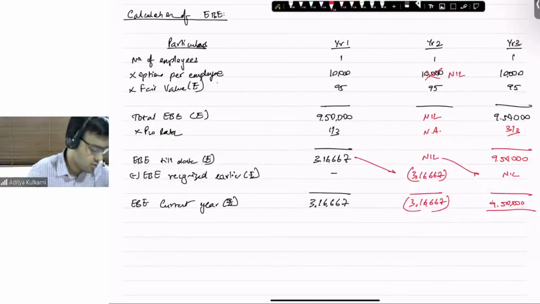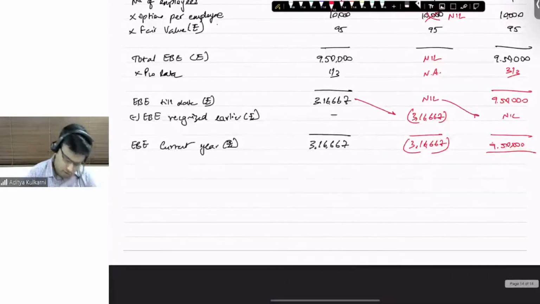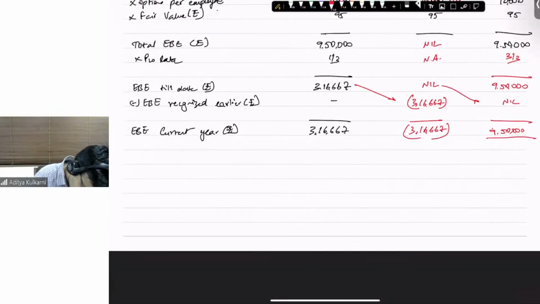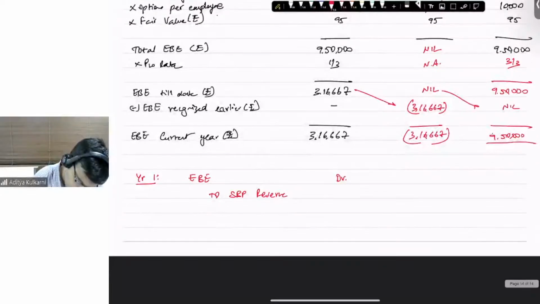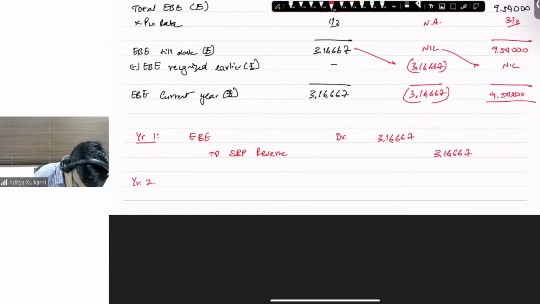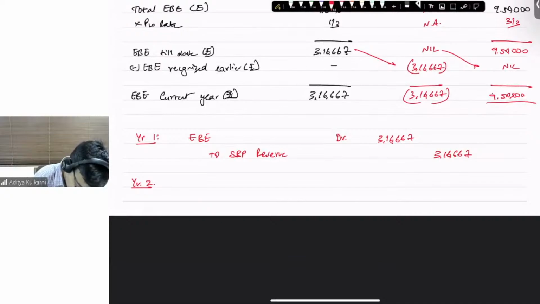Okay, all right. So welcome back, guys. So we discussed this last question. So I'll just quickly plot the journal entry for us. Year 1, the entry will be EBE account debit to SBP reserve. This is an option, right? Yes. So 3,16,667. Year 2, I do not expect the cost targets to be achieved. So I will reverse whatever is accounted.